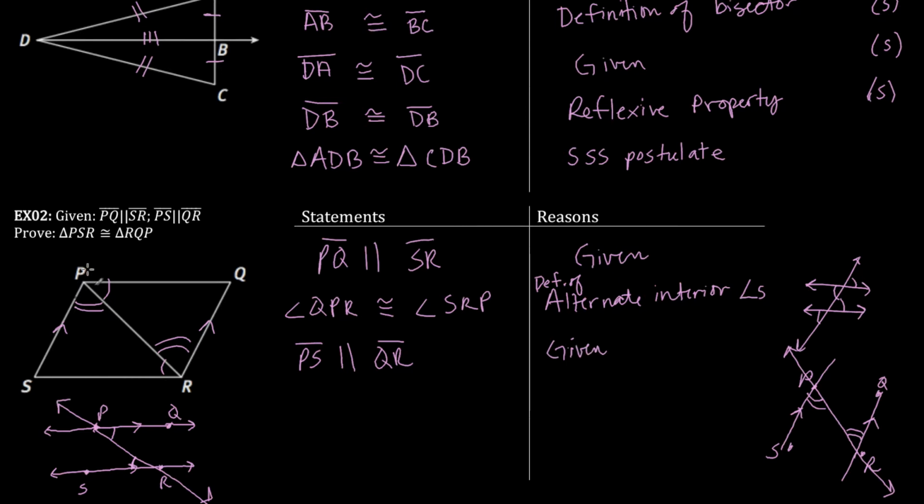So because we know that PS is parallel to QR, and it's cut by this, we know that angle SPR is congruent to angle QRP, because they are also alternate interior angles.